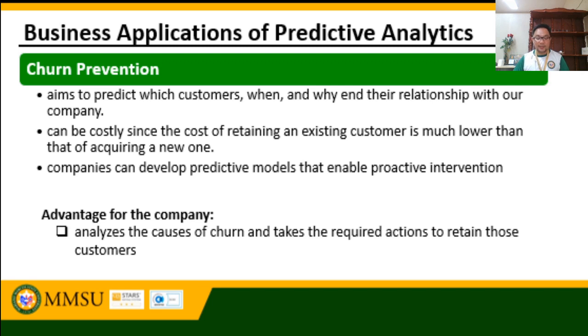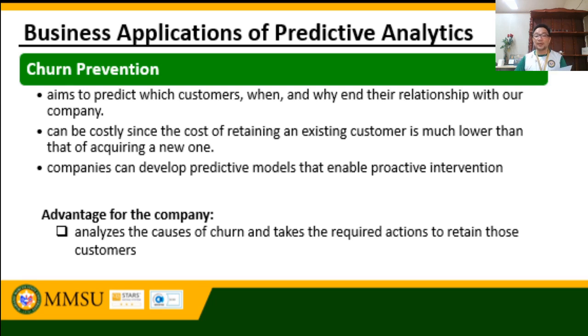This phenomenon can be costly since the cost of retaining an existing customer is much lower than that of acquiring a new one. By harnessing the power of big customer data sets, companies can develop predictive models that enable proactive intervention before it's too late.